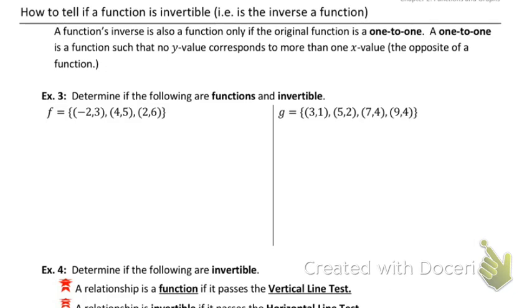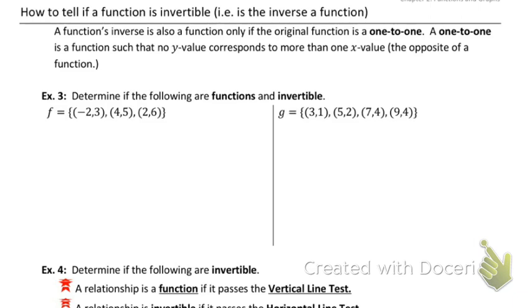So a function's inverse is also a function only if the original function is 1-to-1. A 1-to-1 function is a function such that no y value corresponds to more than one x value, the opposite of a function. The definition of a function is one letter can only go to one mailbox.